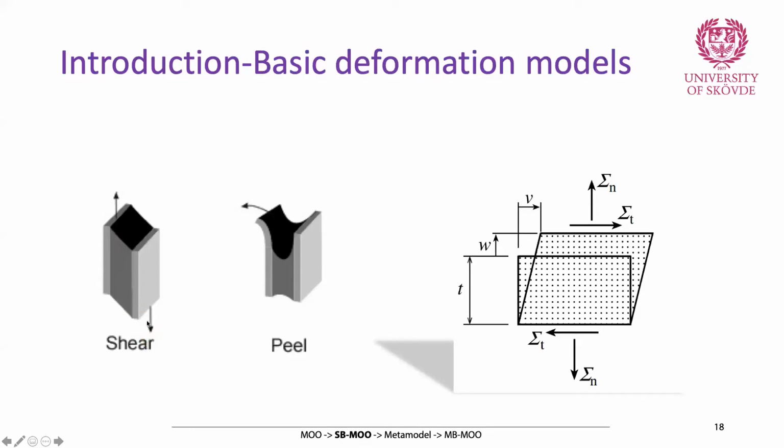So the adhesive can be under shear load, or it can be under peel load. So we want to investigate how good adhesives are under these two loads. But in order to investigate that, we need finite element simulations. And in order to have accurate finite element simulations, we need an accurate material model. But how do we get that material model for adhesives?